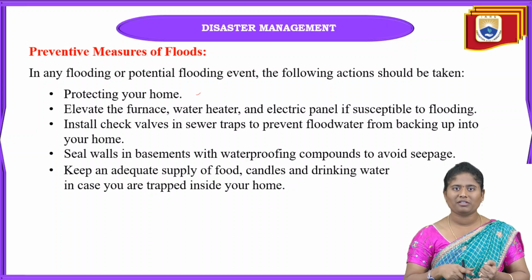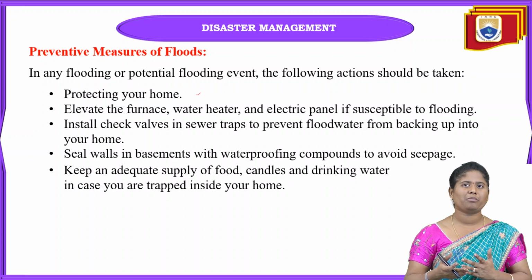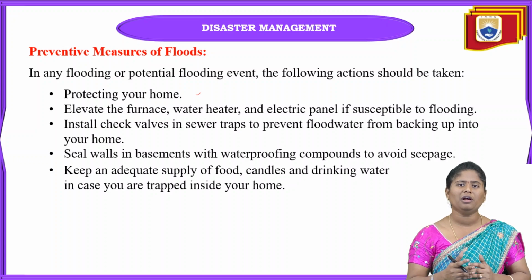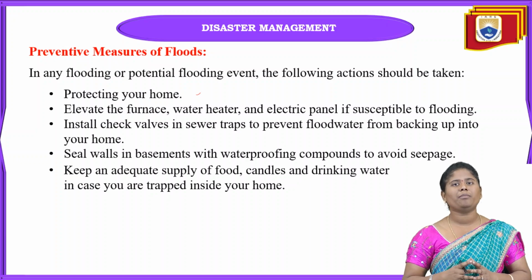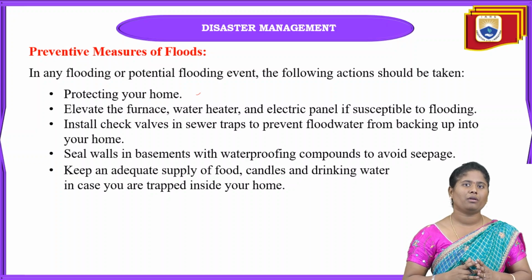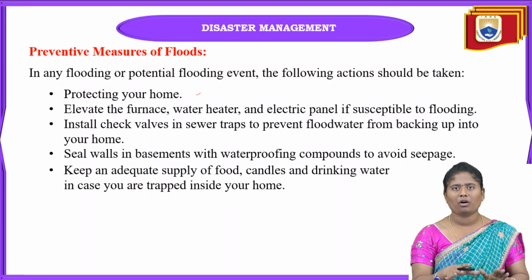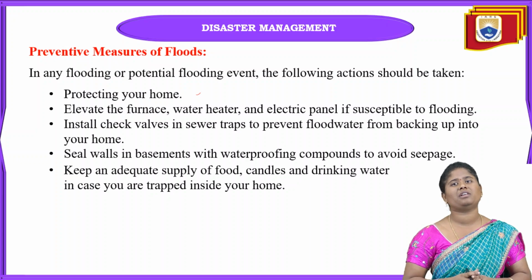Obviously food is there, water is there, and we also have to keep some candles. Why? Because if any disaster happens, it will automatically affect the electricity facilities, and we are going to lose them at the time of disasters. So we have to keep candles in our homes so that we can light our house with them. By these overall precautions, we can somehow save ourselves.